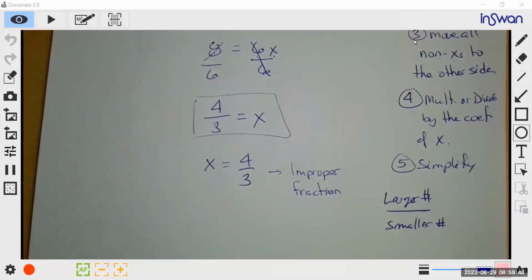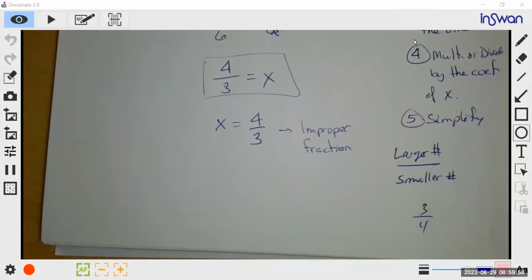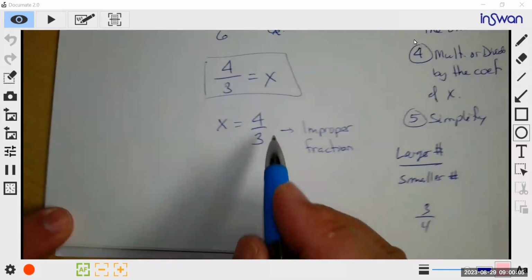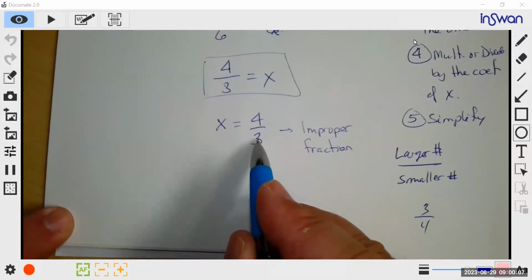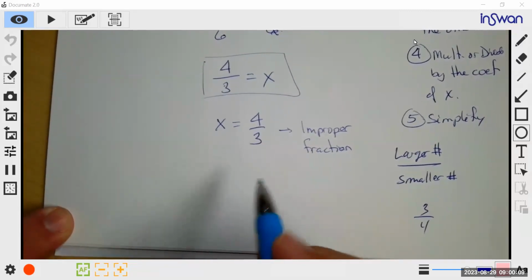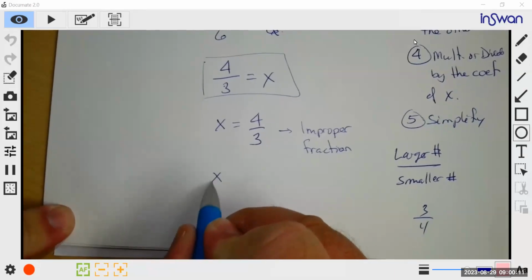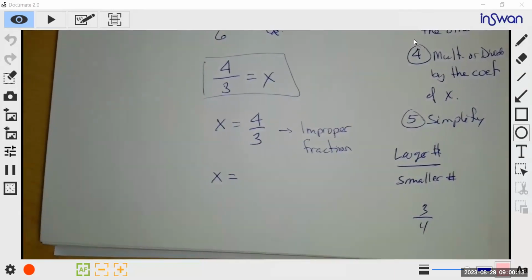Fractions are supposed to be between 0 and 1. For example, 3 over 4. That's a regular fraction. That's a proper fraction. But 4 over 3 is bigger than 1. So whenever you have an improper fraction, what do you do?